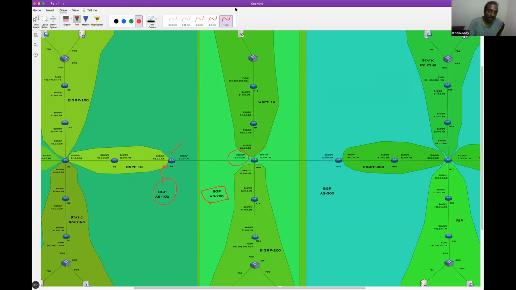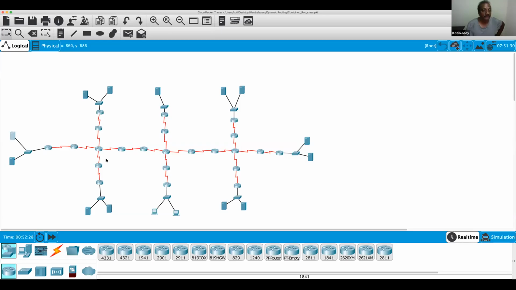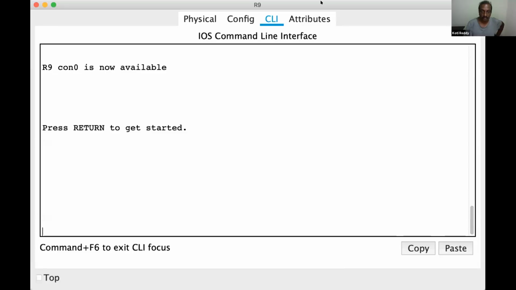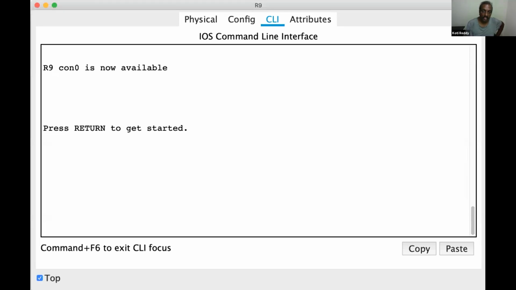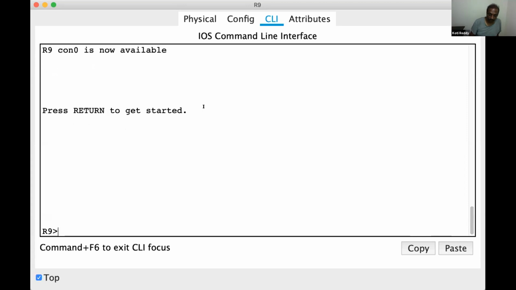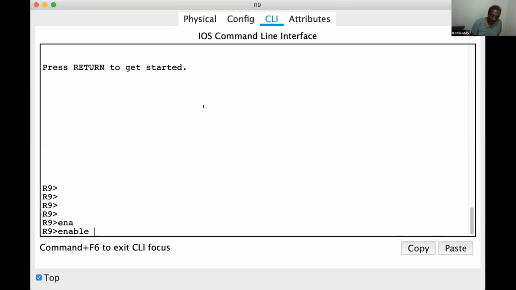So let's go to R9. I say enable. I say configure terminal.